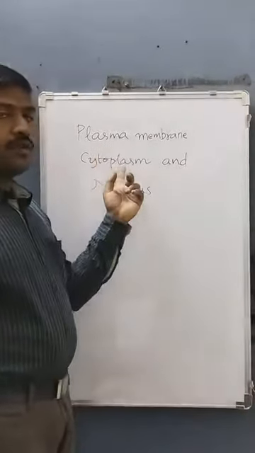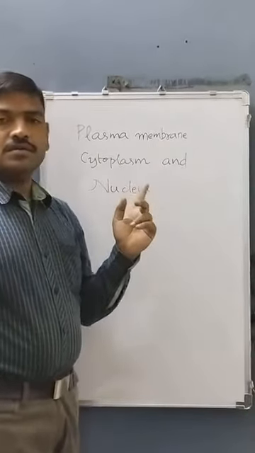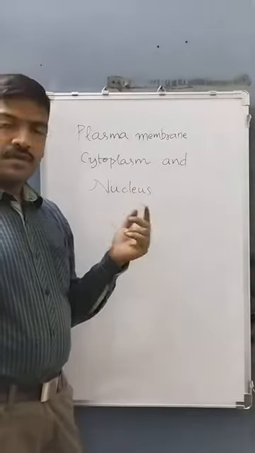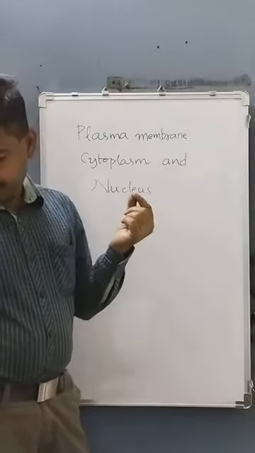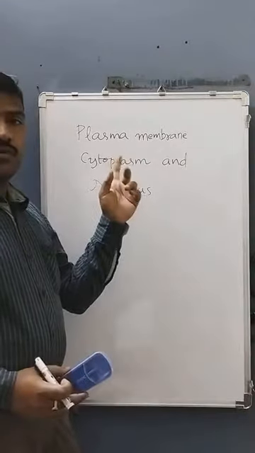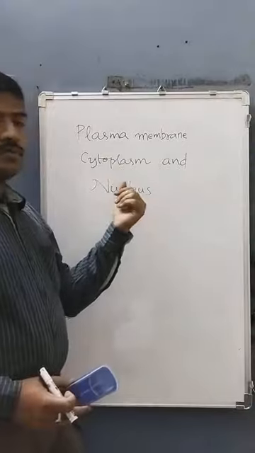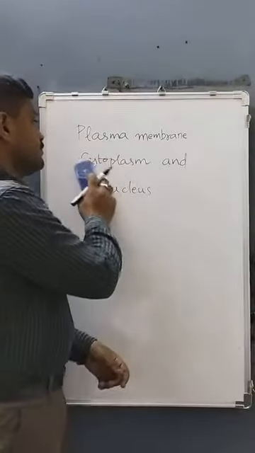These three are the structural components of all cells. Let us learn individually about what is plasma membrane, what is cytoplasm, and what is nucleus.